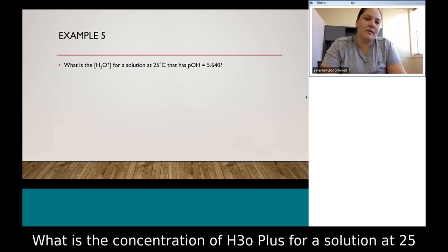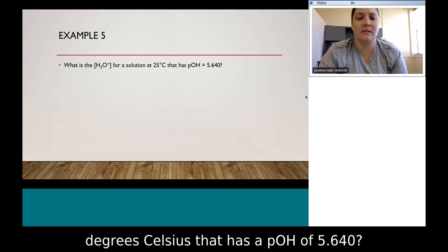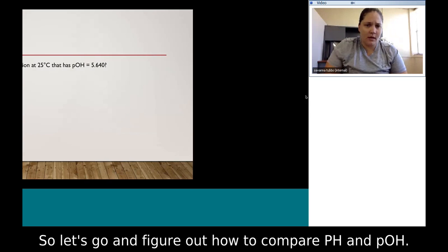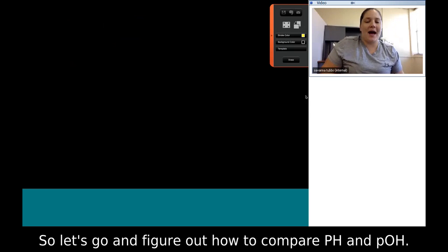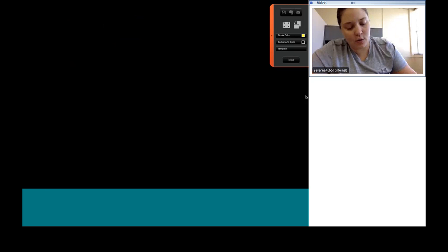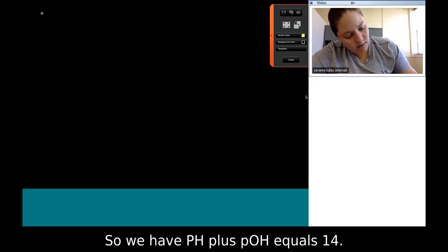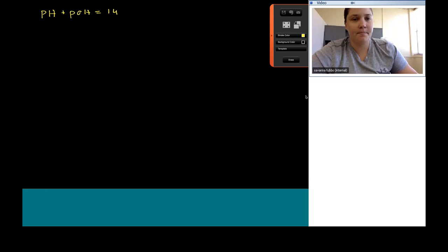What is the concentration of H3O+ for a solution at 25 degrees Celsius that has a pOH of 5.640? So let's figure out how to compare pH and pOH. We have pH plus pOH equals 14.